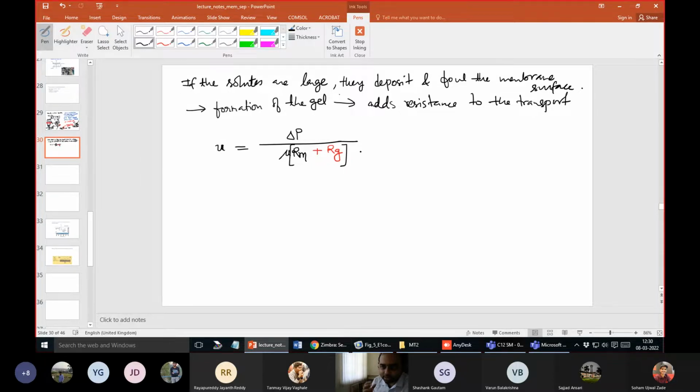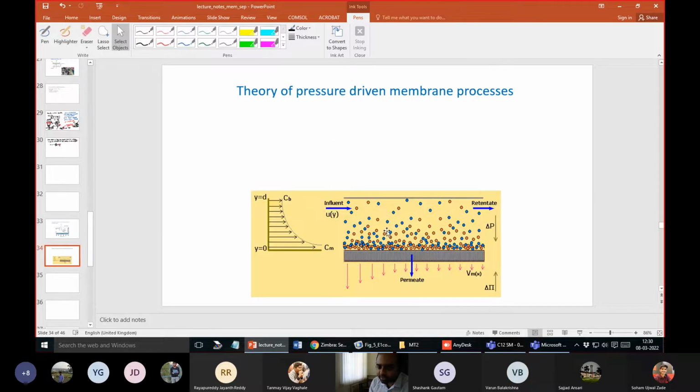When the concentration of these solute particles over the membrane surface exceeds its solubility limit, it will try to precipitate and lead to the formation of the gel. That's when this gel forms.